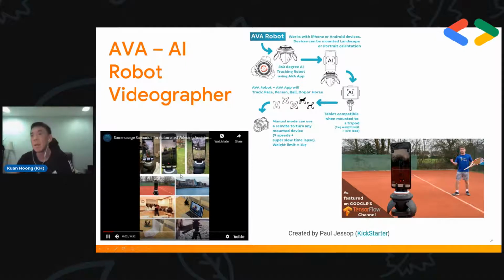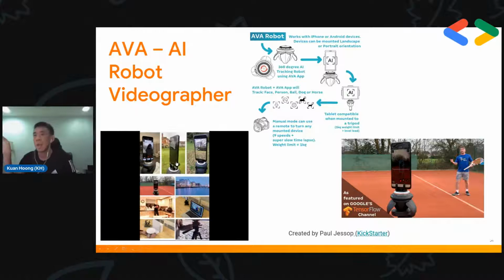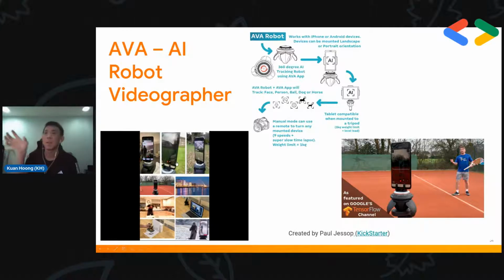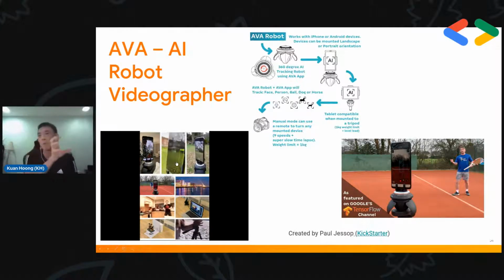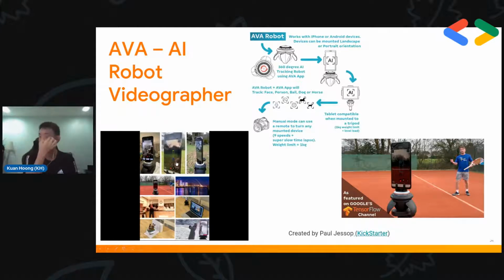Here you can see the motor follows the person around. This is very good. Let's say you are at home and you want the handphone to follow you as you move around. Because this model has been trained to detect the body, it will just follow where the body is. It's quite cool.